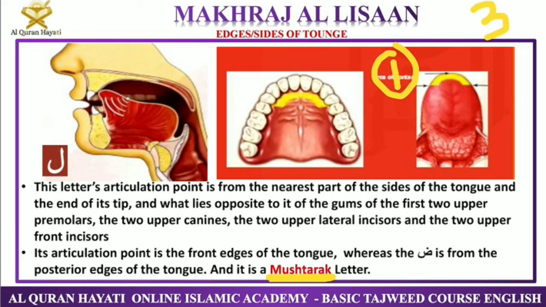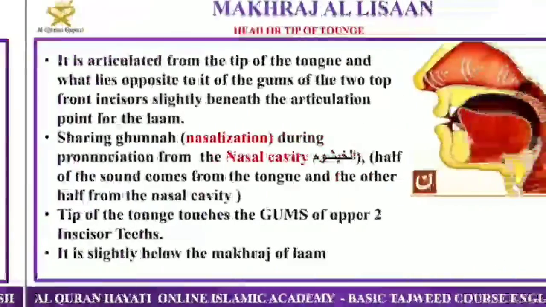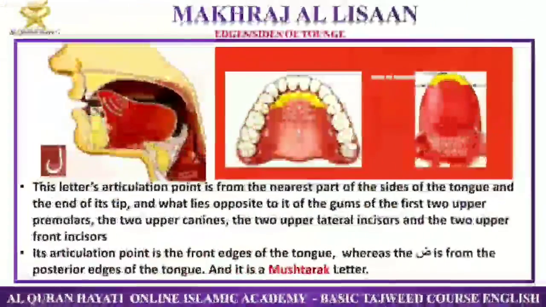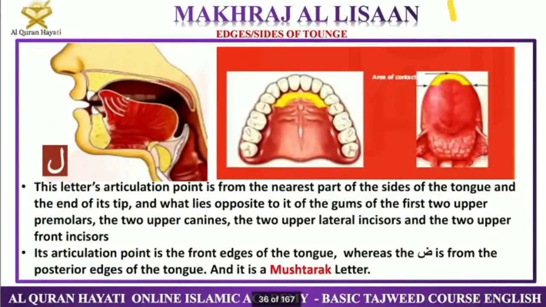Okay, alhamdulillah, we have completed all the letters of Aqsal Lisan, Wasatul Lisan, and Haaffatul Lisan. Tomorrow, inshallah, we'll practice this again and then we'll learn the rest of the letters. There are 11 letters left now. In 18 letters, we have learned 2 from Aqsal Lisan, 3 from Wasatul Lisan, and 2 from Haaffatul Lisan.